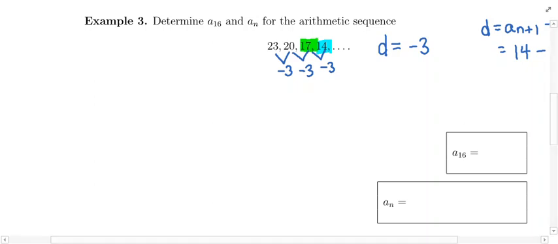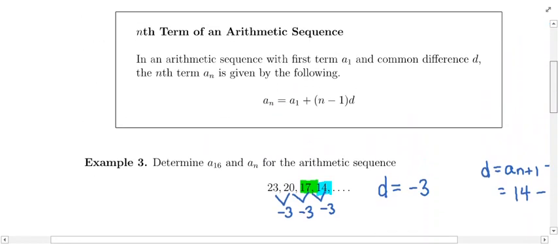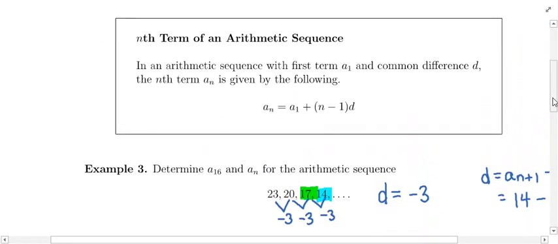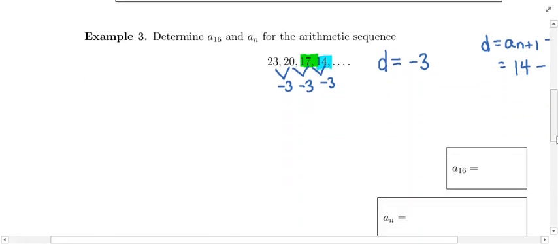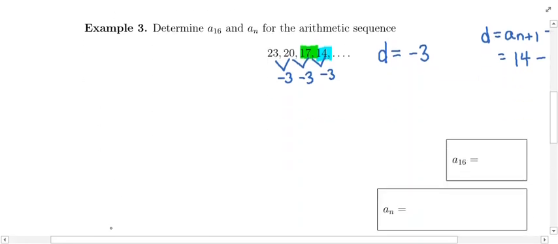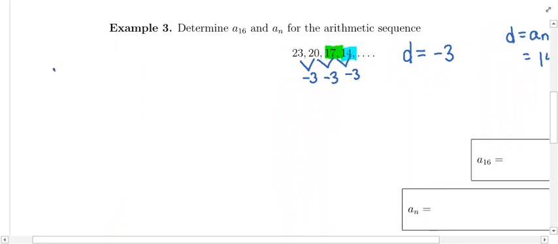We just learned that the formula for the nth term of an arithmetic sequence is given by AN equals A1 plus n minus 1 times D. So we're going to use that. I'm going to write that down: AN is given by A1 plus n minus 1 times D.